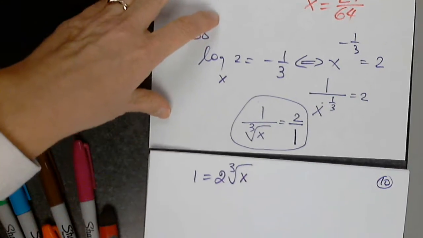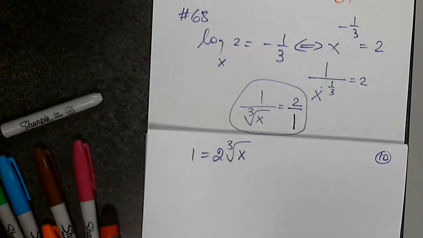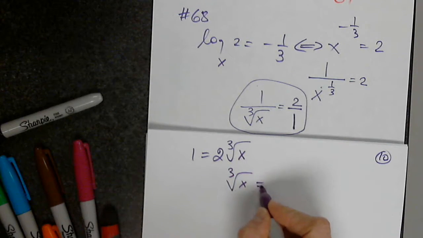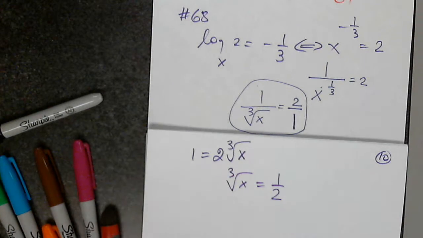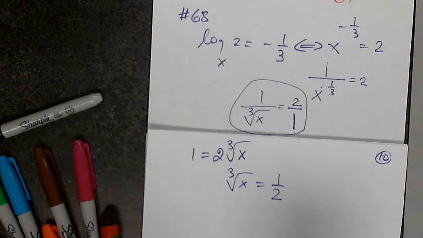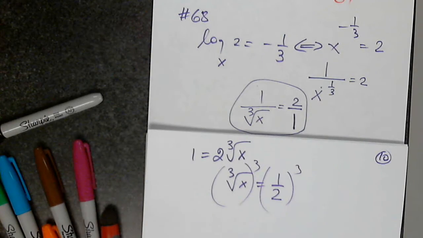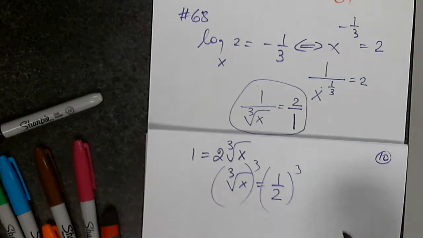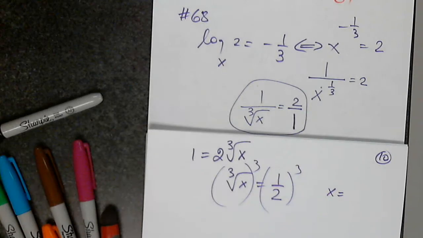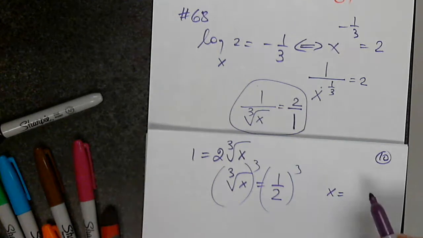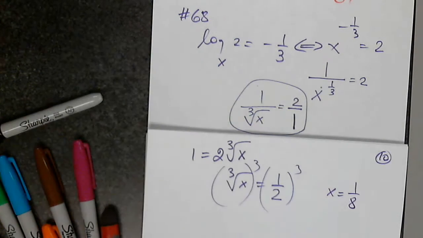How do I clean it up? So the cube root of x equals 1/2. Now I'm ready to cube both sides. Okay, I cube both sides. Radical equations from chapter 10. And then x equals, awesome, 1/8.